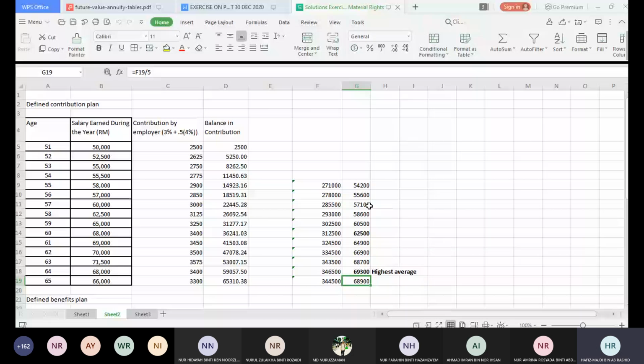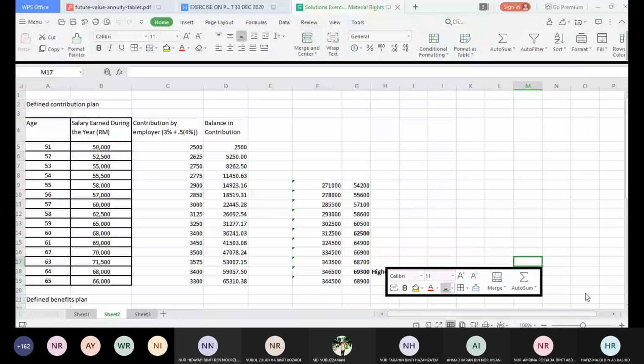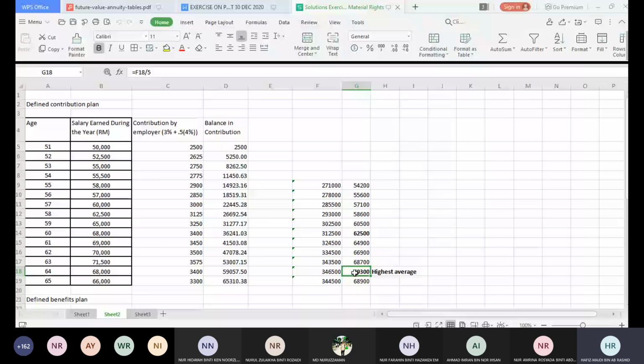It doesn't mean that the last year's average is the highest, because in this calculation the highest average is 1 year before retirement. I have highlighted it in bold, this one. So when you calculate the benefit to the employees, assuming the employee will retire at the normal retirement age, you need to look until the age of 65.